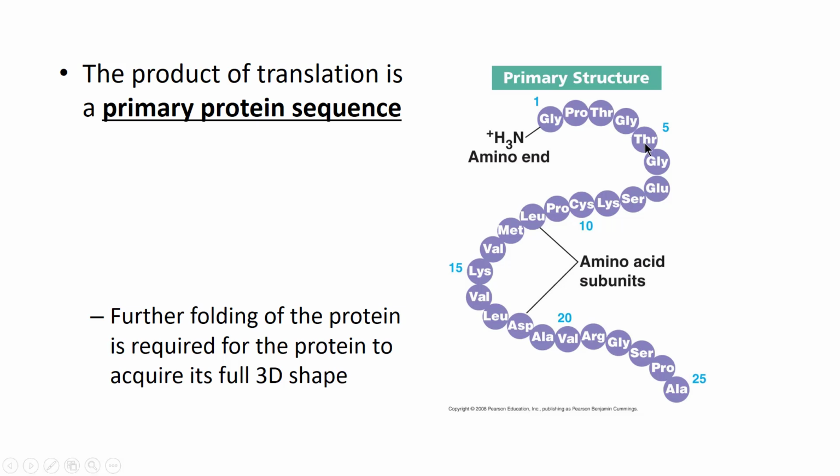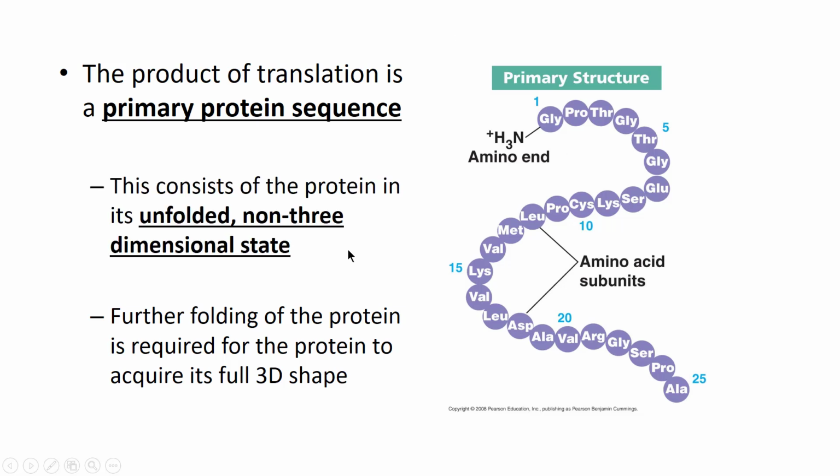And it looks like this here to a certain extent. At that point, the polypeptide is in an unfolded three-dimensional state. It's not quite ready to function at that point, and this goes outside the scope of this particular lecture, but ultimately further folding is required before it will achieve its full three-dimensional state, as I mentioned earlier.